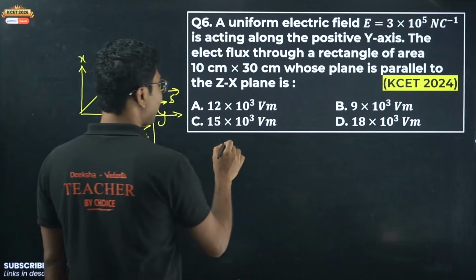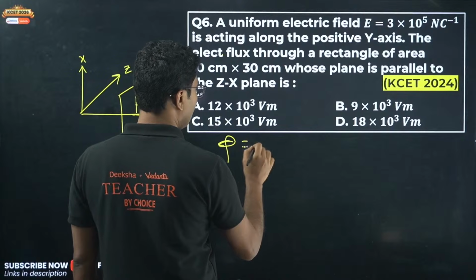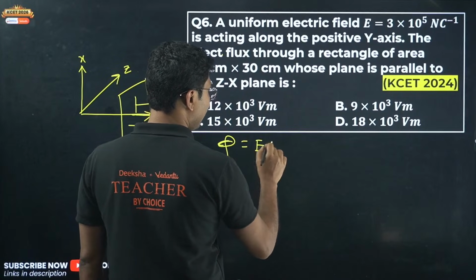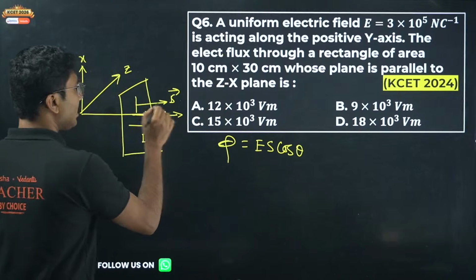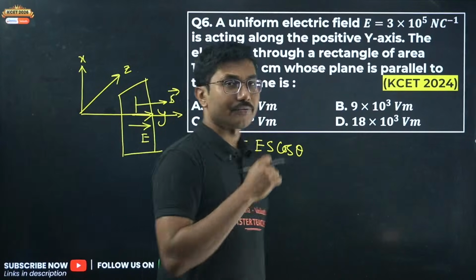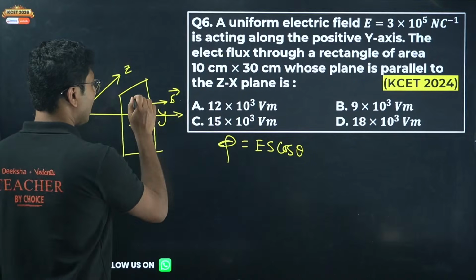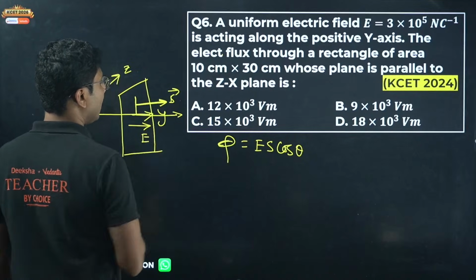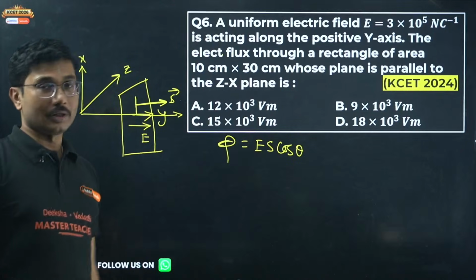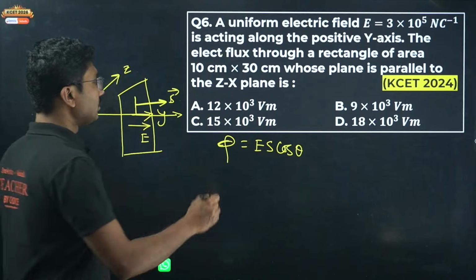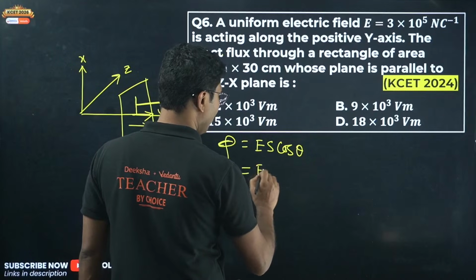So electric flux is given by E dot dS, or ES cos theta. Here theta equals 0 because when we take the direction of a surface, we take the perpendicular direction of the plane, and here they are in the same direction, so cos theta is 1. So the flux is only E into S.